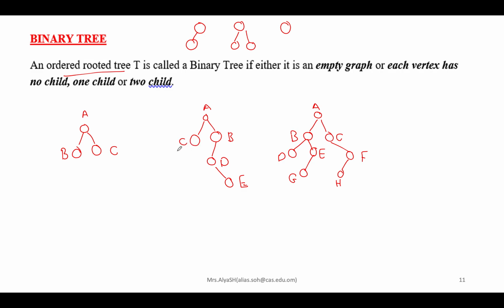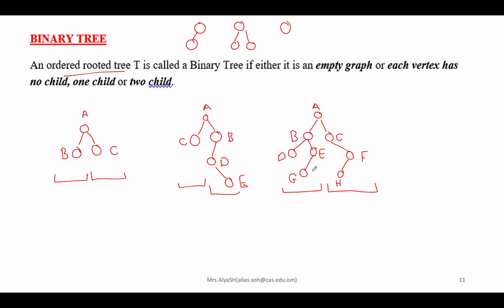Okay, since each parent has at most 2 children, we can divide a binary tree into 2 main subtrees. Any binary tree can be divided into 2 main subtrees.